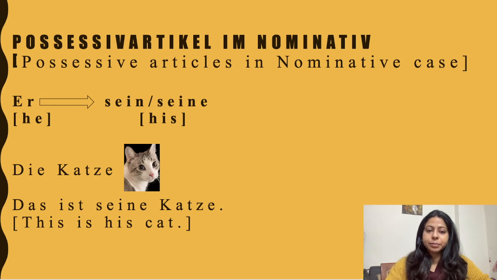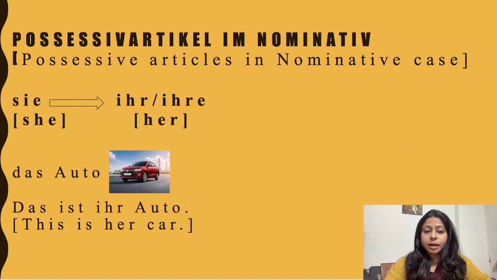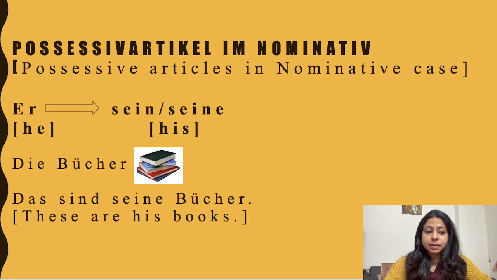Now, again with the feminine article, it would be "Das ist seine Katze." This is his cat. And same for plural, it would be "Das sind seine Bücher." These are his books.